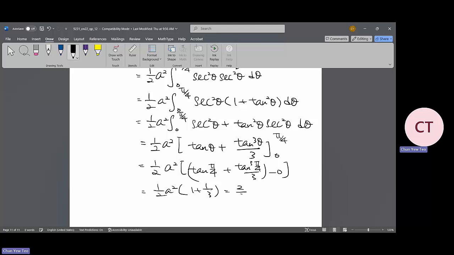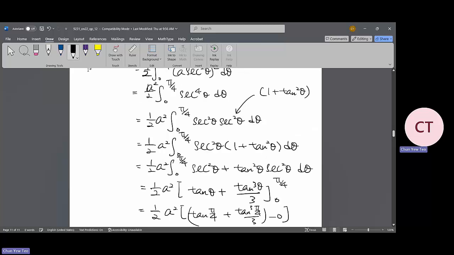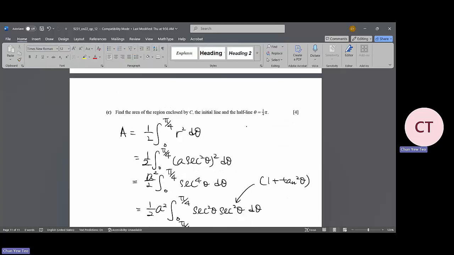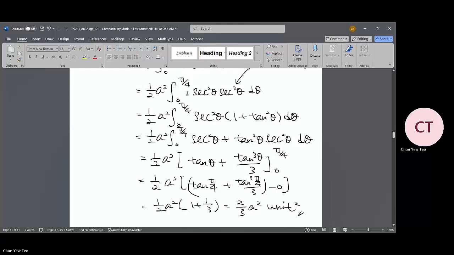So you get 4 over 3 a squared. That will be the area of the region bounded by the curve C, the initial line and theta equal to pi over 4. So this is the answer for C.